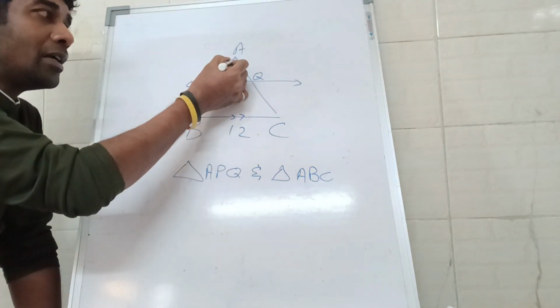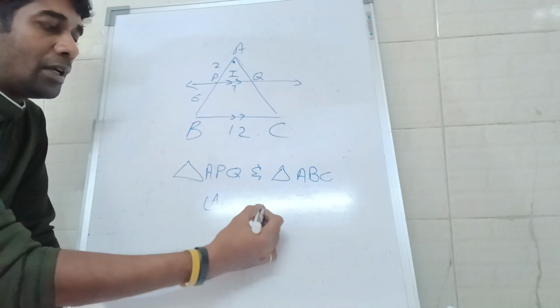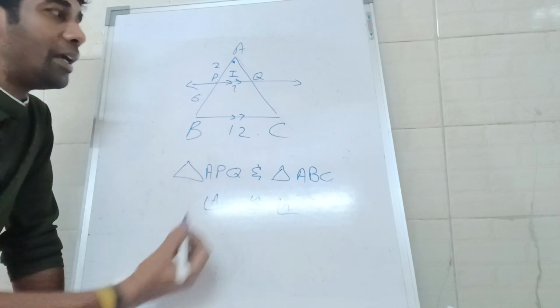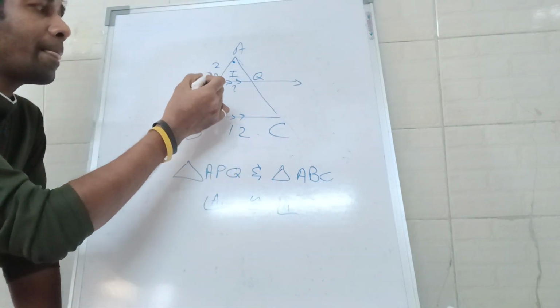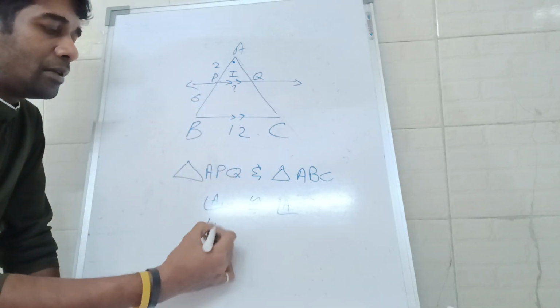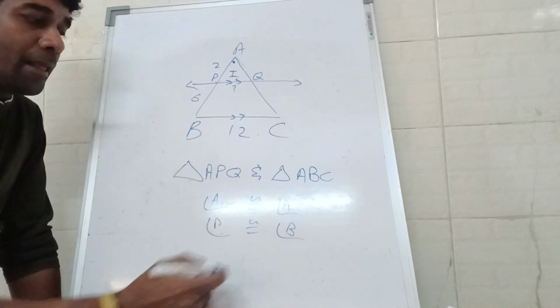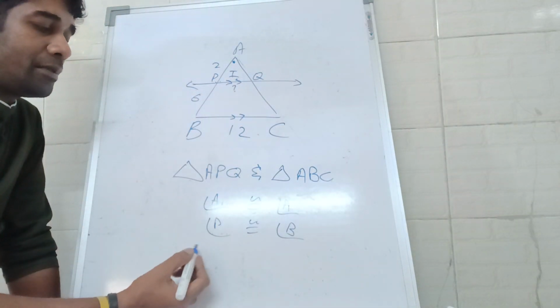First of all, angle A is the common angle. Angle A congruent to angle A, common angle. Then I'll get angle P congruent to B. That is the corresponding angle test.